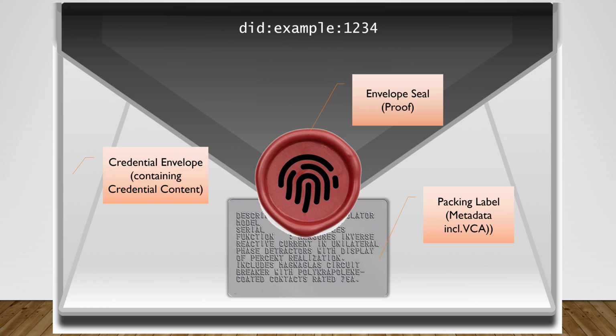And that proof, of course, is calculated based on the content of the envelope and the content of the label. And then on the outside of the envelope, the top outer level of the credential JSON, we have the envelope identifier.